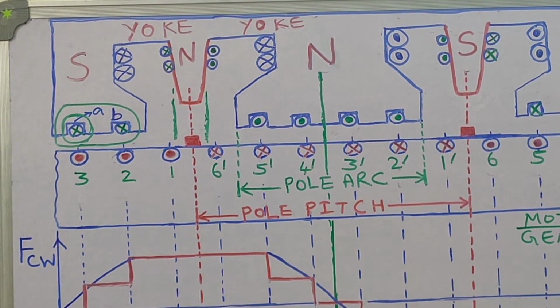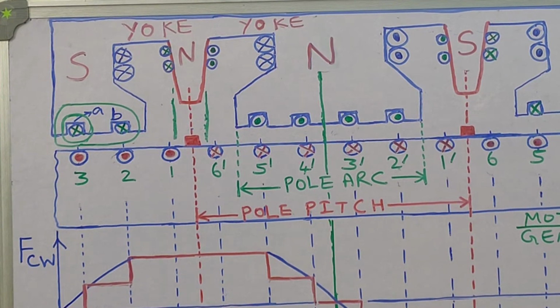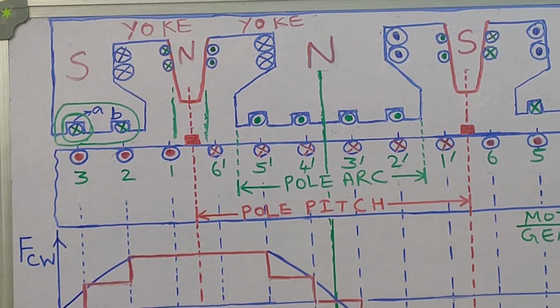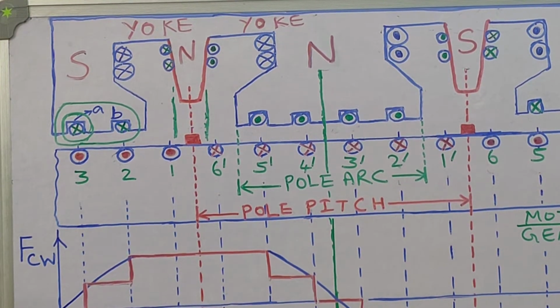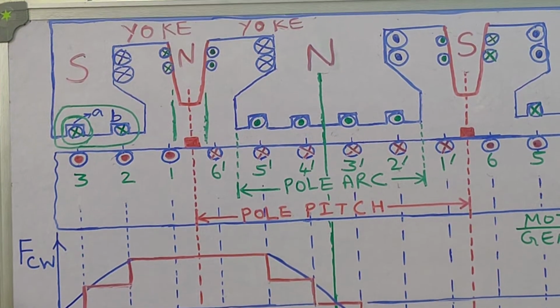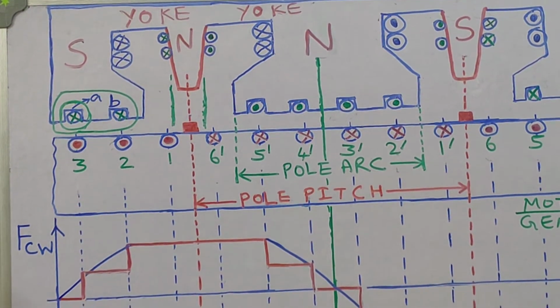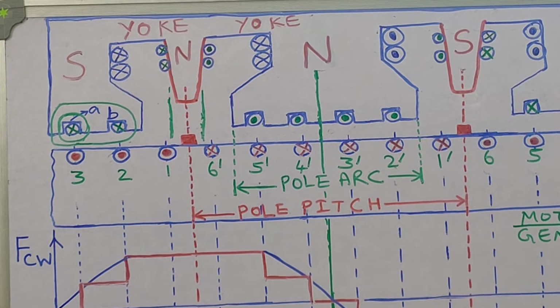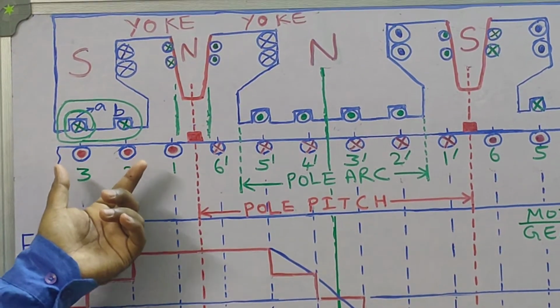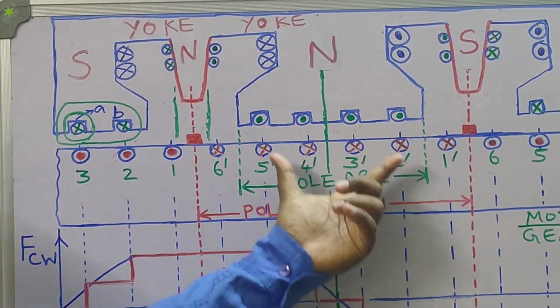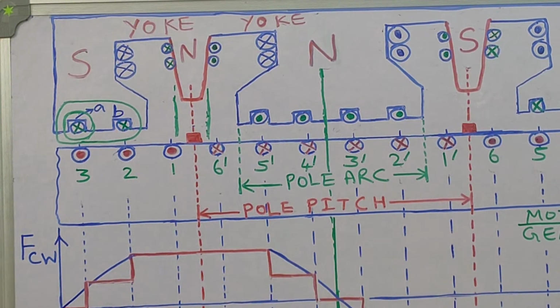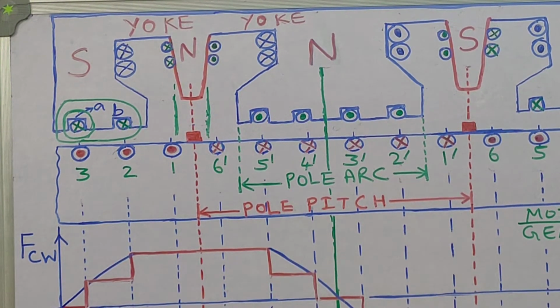So why are they connected in series? They are connected in series so as to take care of the fact that if, due to loading on the DC machine, the armature current changes, because if the loading changes the armature current will change, then the armature MMF under the pole faces, or under the pole arc, will also change, because the armature current has changed due to the change in loading.